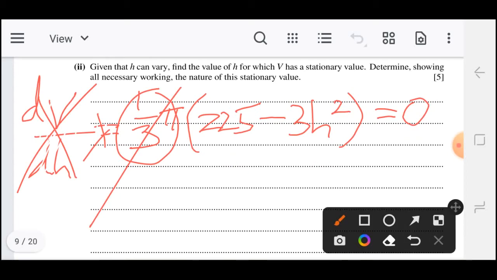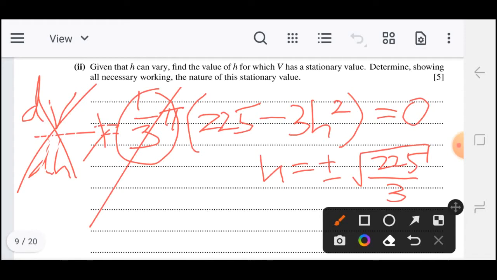Next, we solve this equation for h squared, which gives us h is equal to plus or minus the square root of 225 over 3. This gives us the values of h for which V has a stationary value.